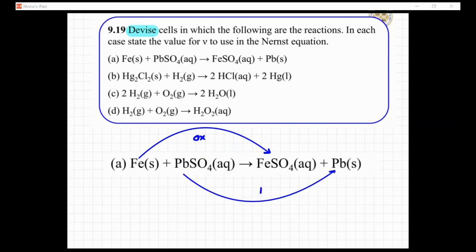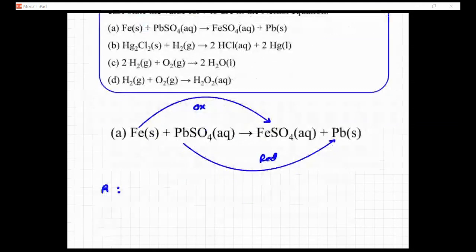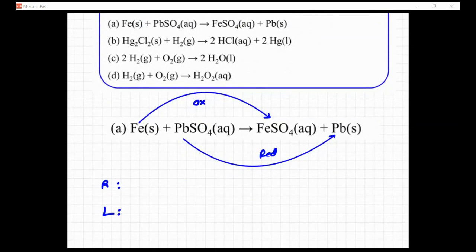So we have a right and a left. Now let's go to see the table. On the right, I need to have a couple that is having PbSO4, for example, and PbS, right? If it is there in the table. If it is not there, for example, I might have to go and find what?